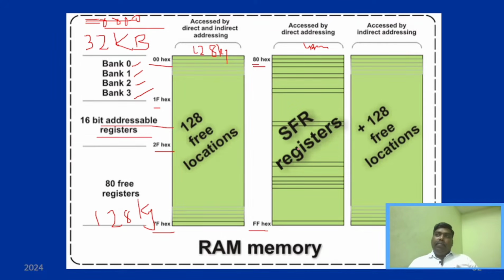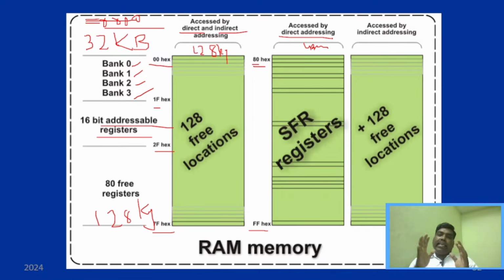And we will see in the next video about the addressing modes, but as of now, you understand that this lower 128 byte RAM is accessed by direct and indirect addressing mode, whereas the special function register can be accessed by direct addressing, right?